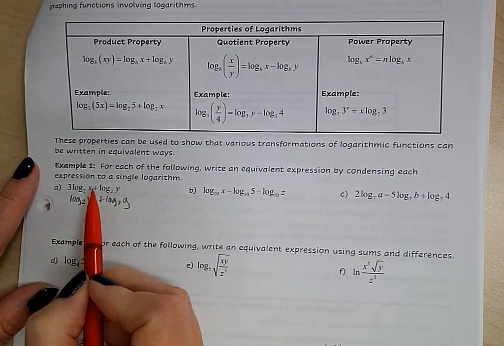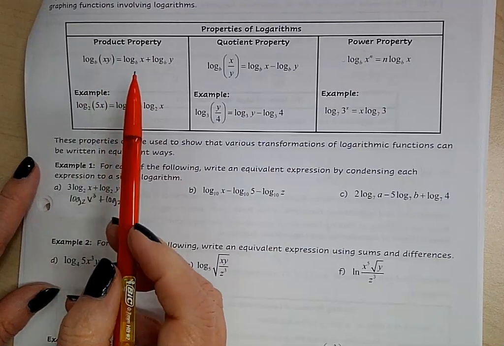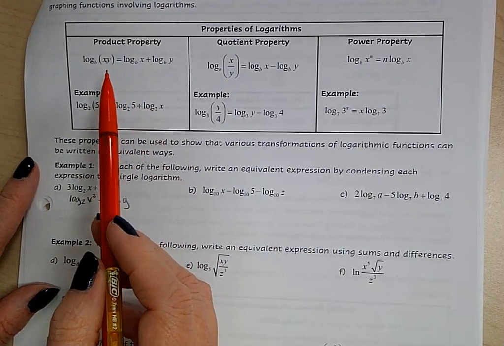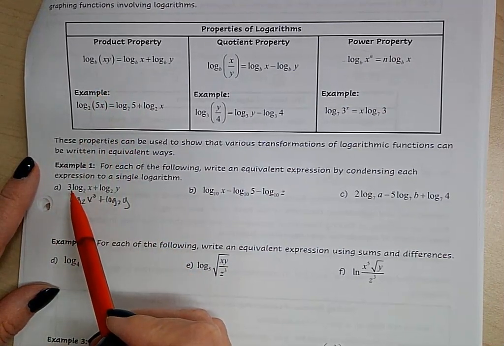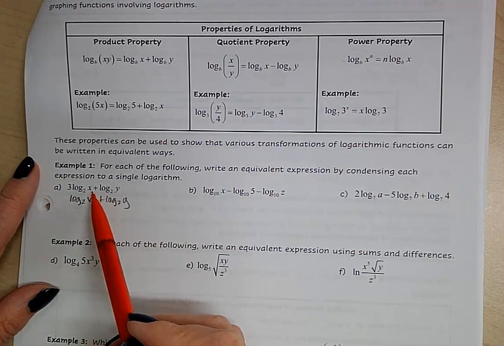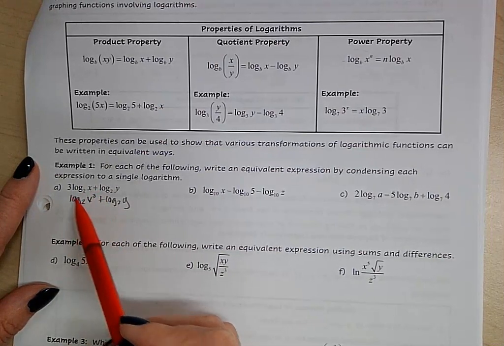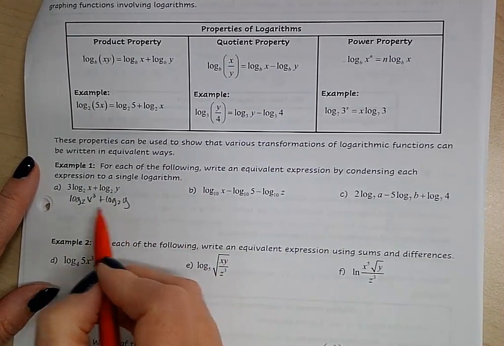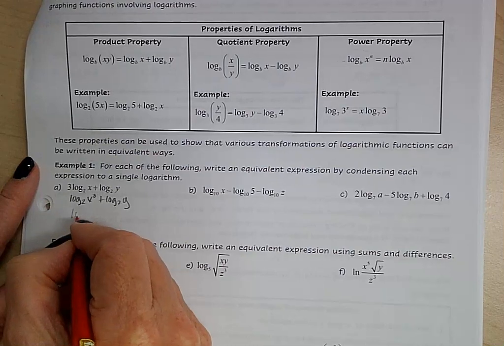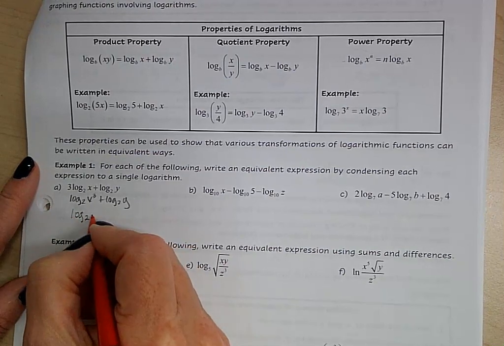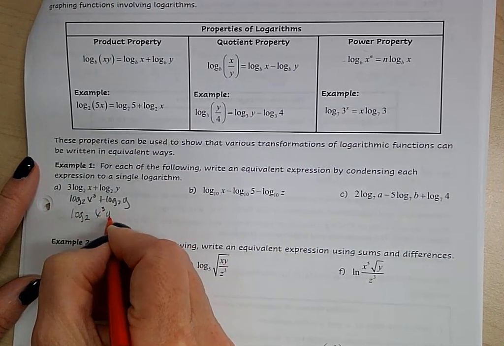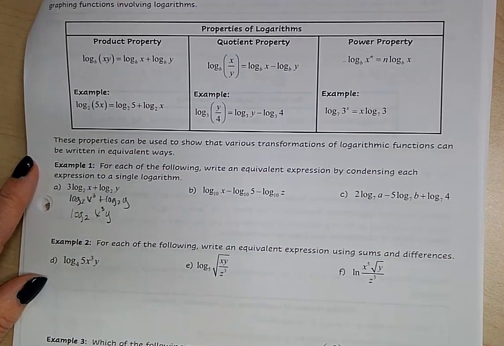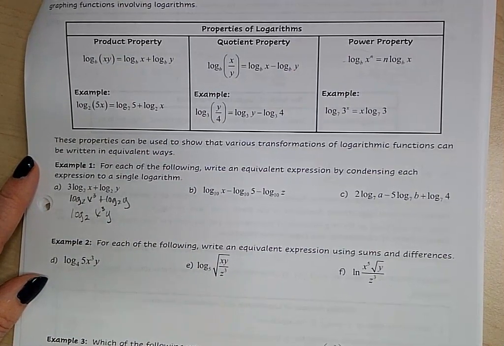I needed to move that coefficient because when I look at my property rules, I need that to be over here with my argument and not as a coefficient so that I can put them together. Then I notice I have an addition problem with the same log, so I can convert this into a multiplication. So log base 2 of x cubed times y.